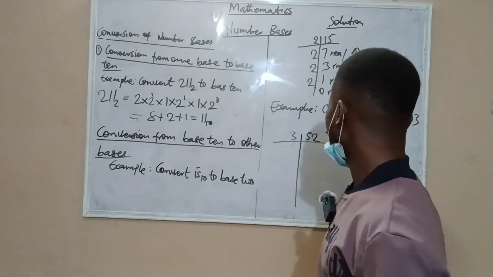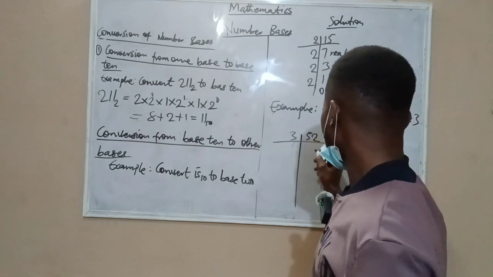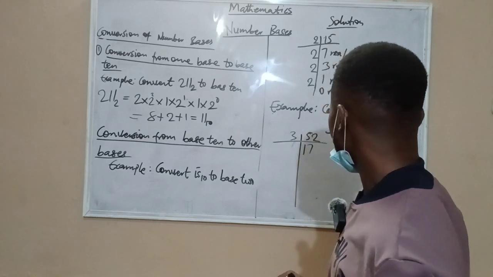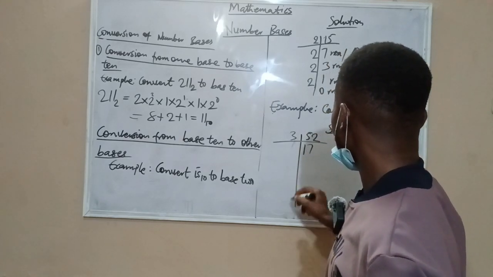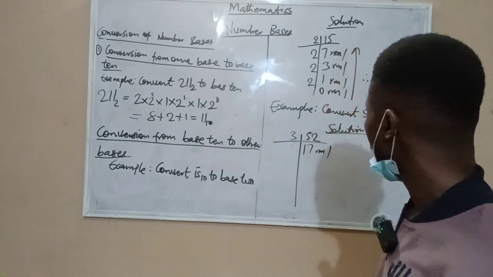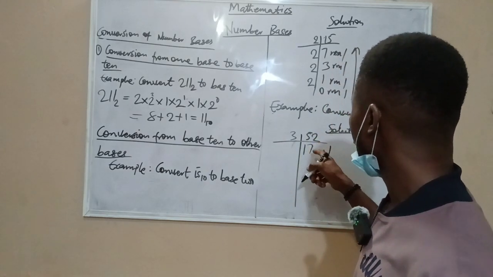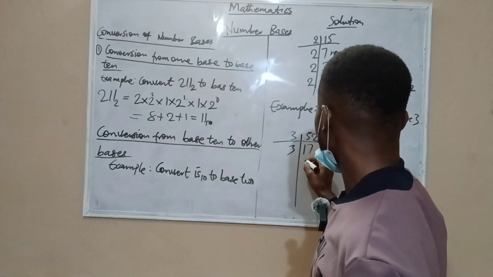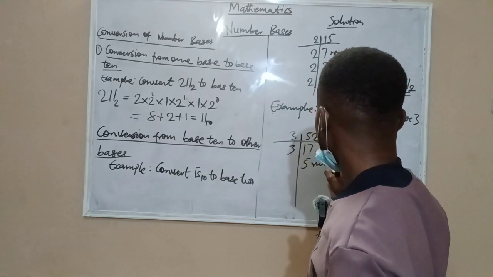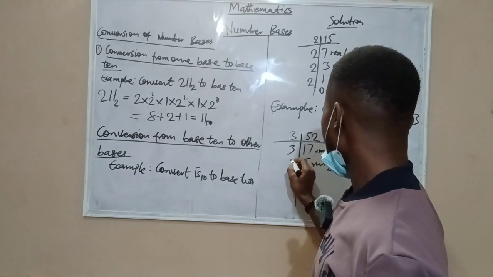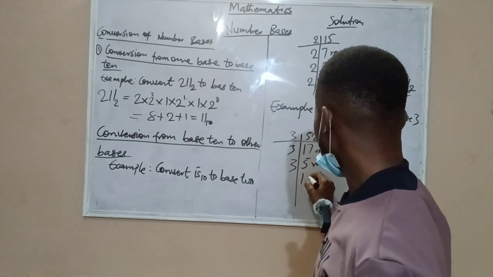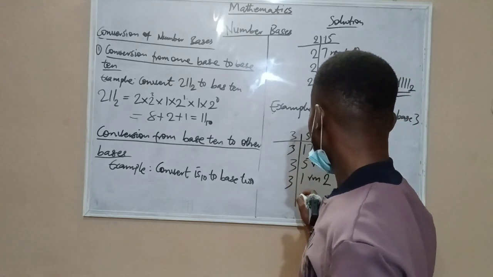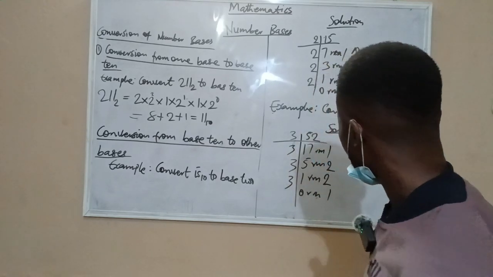So 3 in 52 is 17 remainder 1. Then 3 in 17 is 5 remainder 2. Then 3 in 5 is 1 remainder 2. And then 3 in 1 is 0 remainder 1.